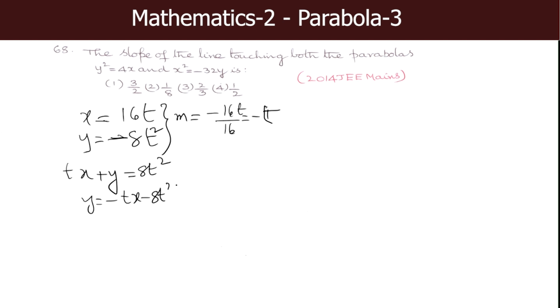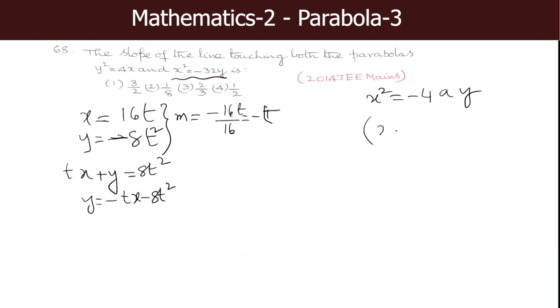I once again repeat, these are the parametric equations of the second parabola, x square equal to minus 8y. I am trying to write down the equation of the tangent to the second parabola, for which I noted the parametric coordinates. They are given by x equal to 16t and y equal to minus 8t square. Because for the parabola x square equal to minus 4ay, the parametric coordinates are, well, y must be negative, x positive.